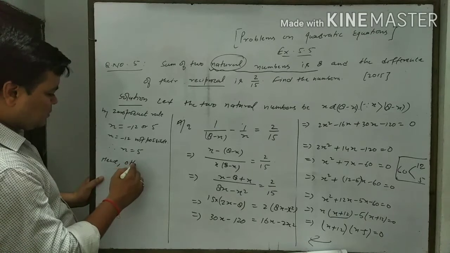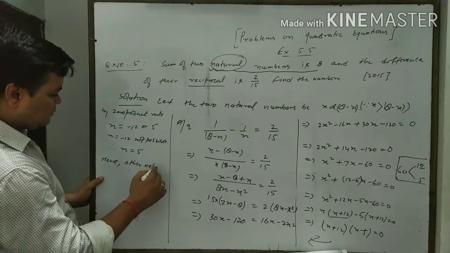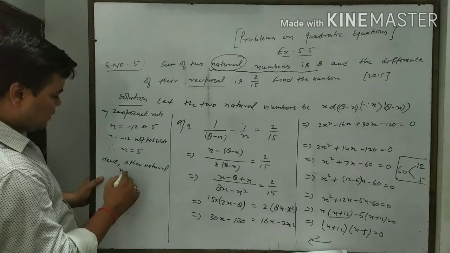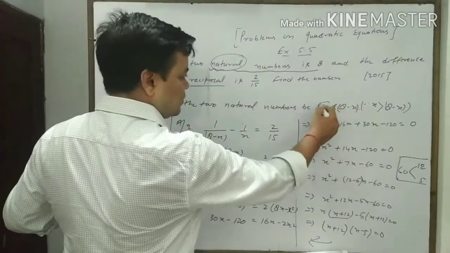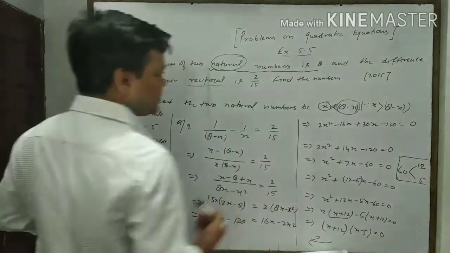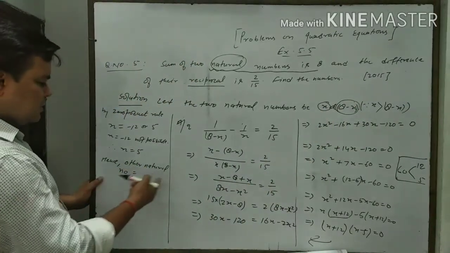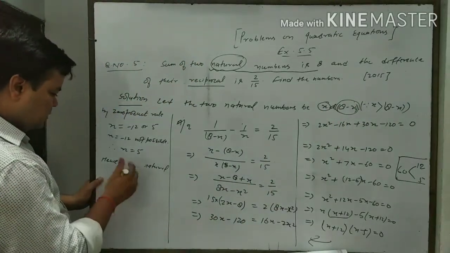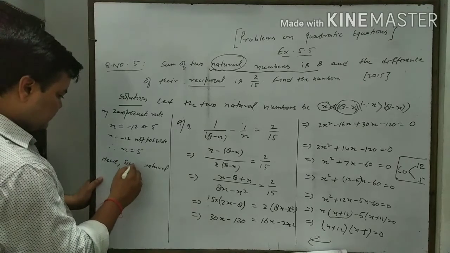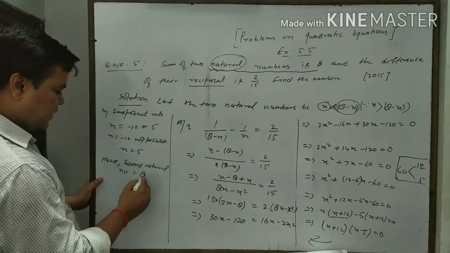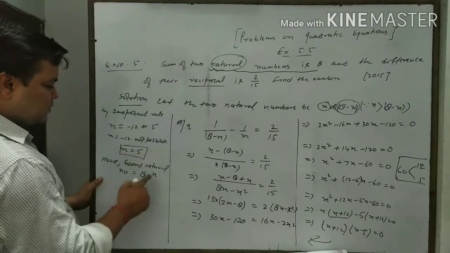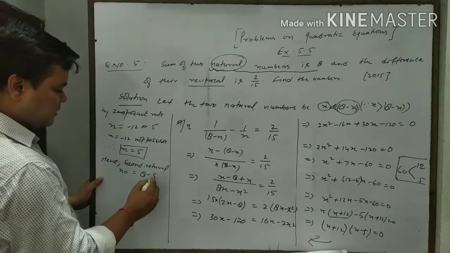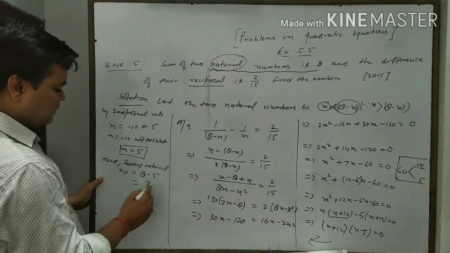Hence, the other natural number is equal to 8 minus x. The first one is x and the second one is 8 minus x. At the place of other we can write the second natural number is 8 minus x, but what is the value of x? That is 5. Then it will be 8 minus 5, that is 3.